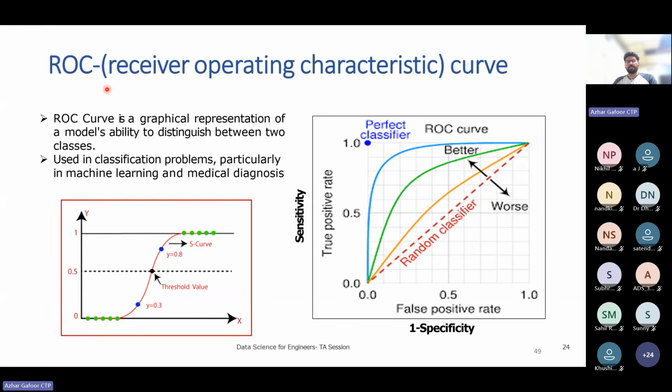There is one curve called the ROC curve, the receiver operating characteristic curve. Let's see what it is.